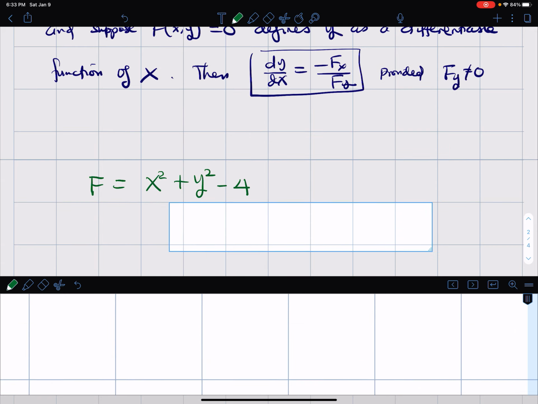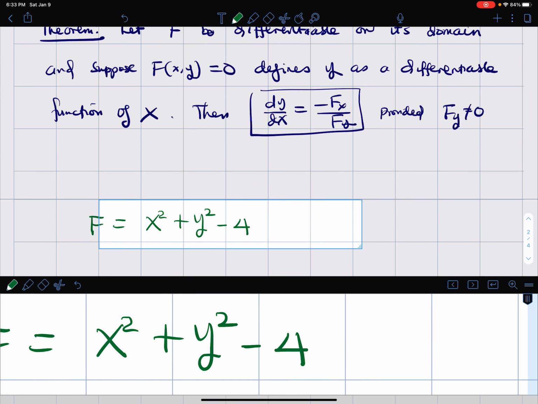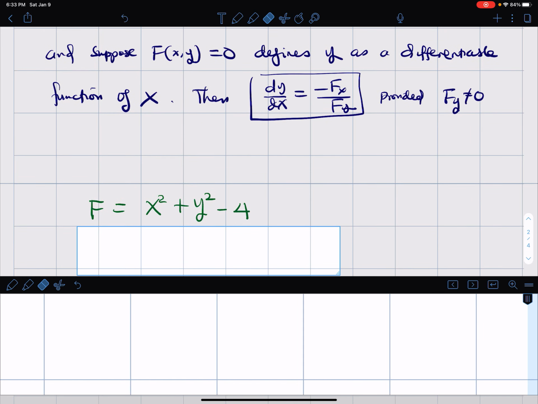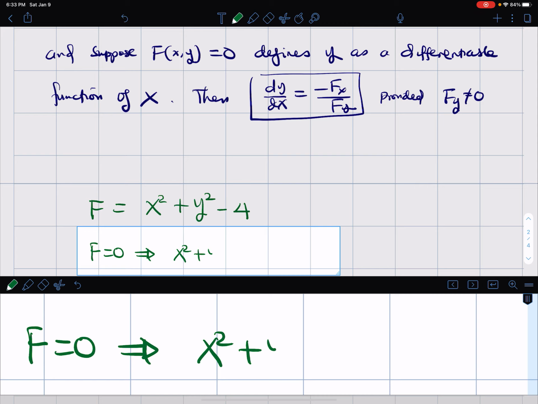And then let's assume that f of x, y defines y as a differentiable function of x. So if we set f equal to 0, this just implies that x squared plus y squared is equal to 4.